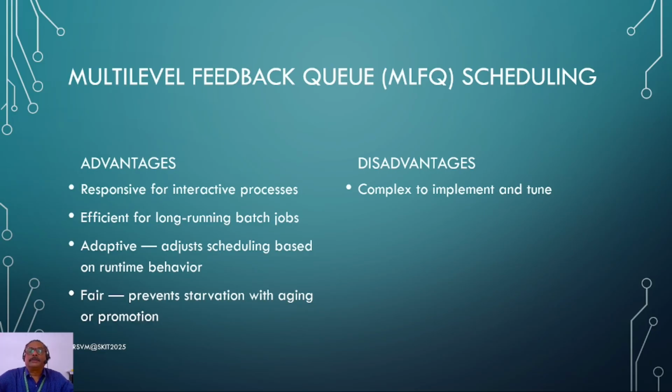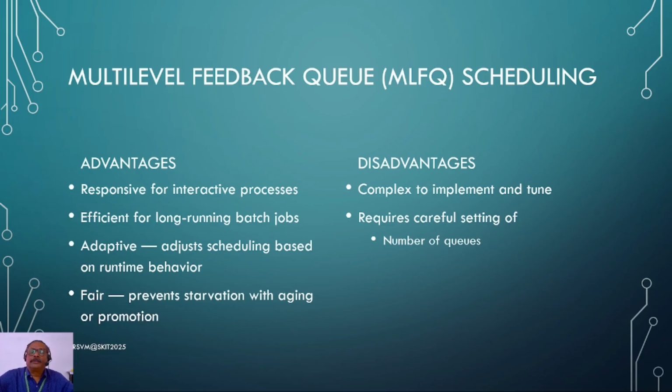Now the question is: what are the parameters to consider for upgrading or degrading any process from one priority queue to another? Proper conditions have to be put forth, so it becomes complicated, and it requires careful setting of how many queues are required. That's the first place. The number of queues depends on the situation.